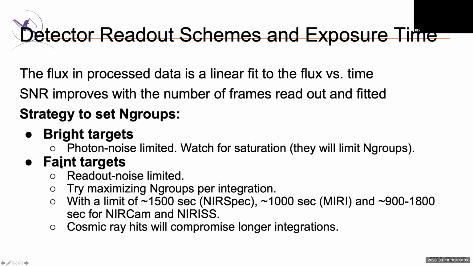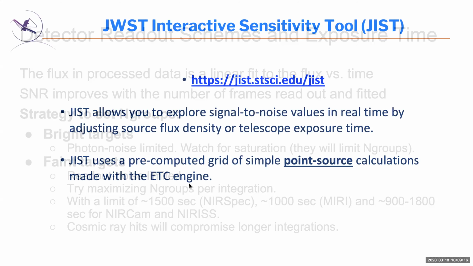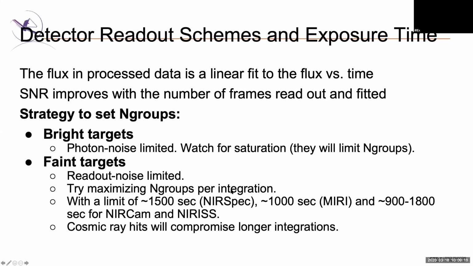If you're observing a faint target, then you're in a readout noise limit. And in this case, you need to maximize the number of groups per integration. But with some limits. Each instrument recommends slightly different limits, but here, NIRSpec recommends an integration that doesn't last more than 1,500 seconds.